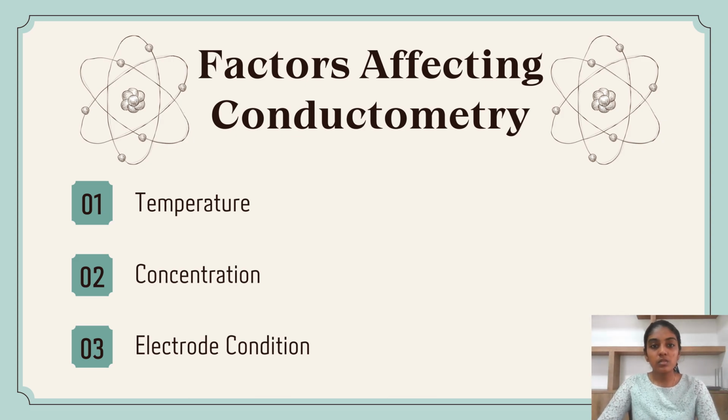Moving on. Some of the factors affecting conductometry are temperature, concentration, and electrode condition. Now, for temperature, due to the increase in temperature, the mobility of the ions present in the solution also increases, and due to this, the conductivity of the solution may also increase.